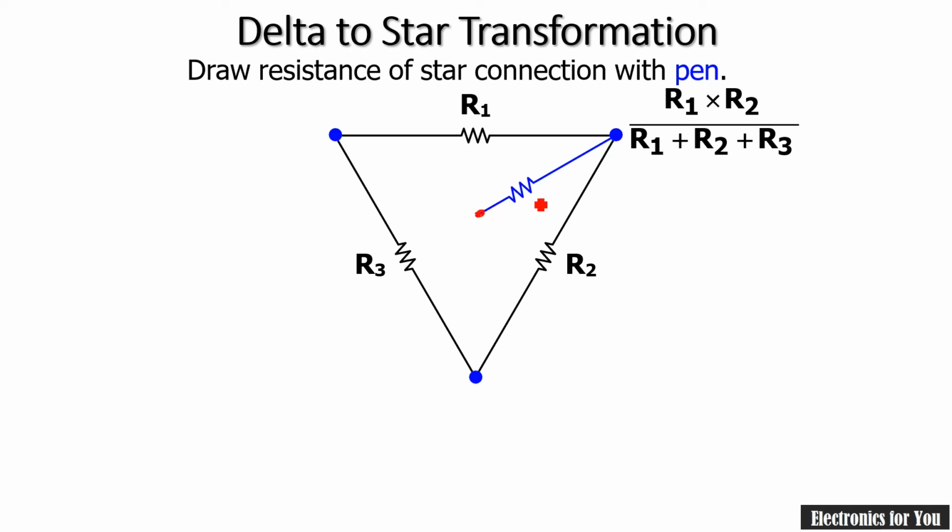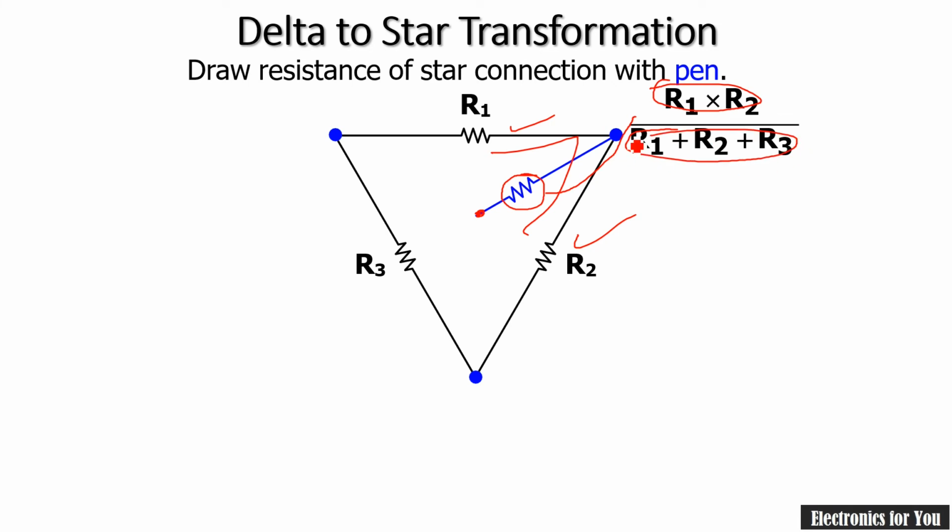So this resistance is given by the formula R1 into R2 divided by R1 plus R2 plus R3. So this is the equivalent resistance in between the points R1 and R2. Therefore their multiplication is in the numerator, divided by the addition of all the resistances in the denominator.